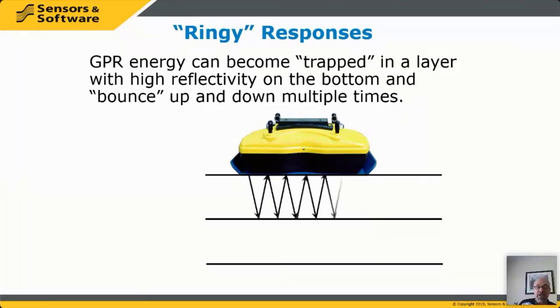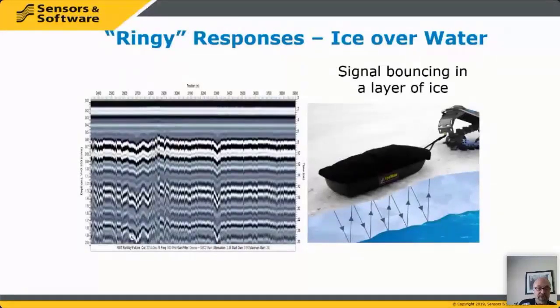One example I can show you, which as utility locators you're never going to deal with, is ice over water. Ice over water causes this ringing, or multiples, because the energy bounces multiple times in the ice. The reason is that there's a huge contrast between ice and water, which gives a very strong reflection coefficient, so a lot of energy reflects and ends up bouncing up and down.